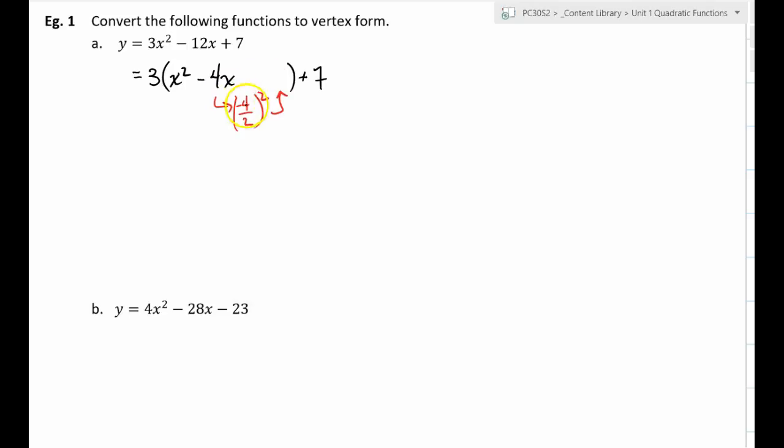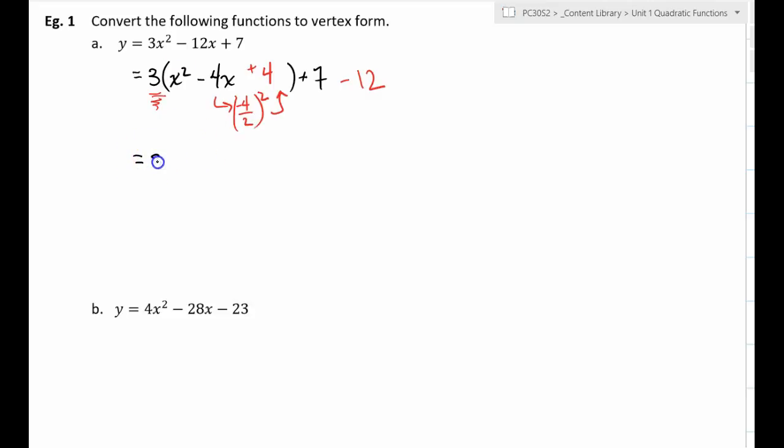And what we see is negative 4 divided by 2 is negative 2. Squared is positive 4. So I've added 4 here. Sorry, I'll keep my colors consistent. But actually, I've added 4 3 times. So I've added 12. So I'm going to take 12 away on the outside.